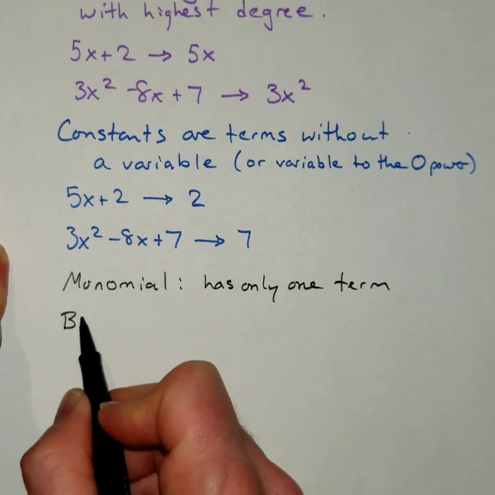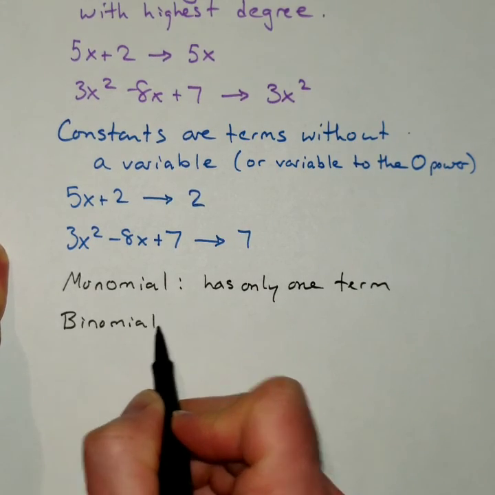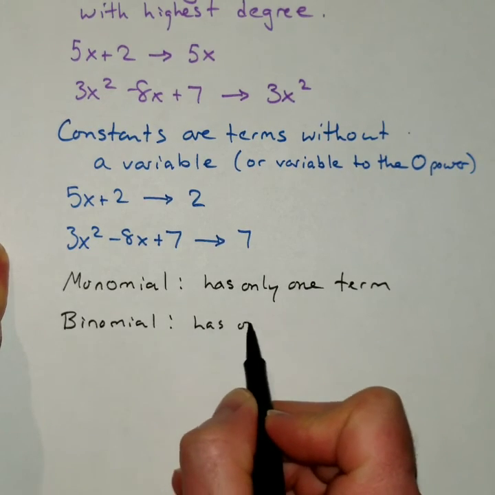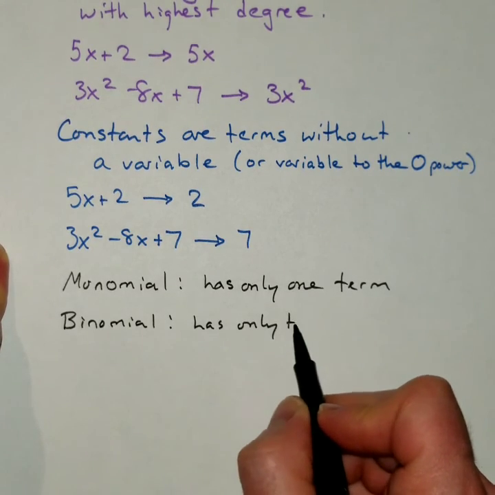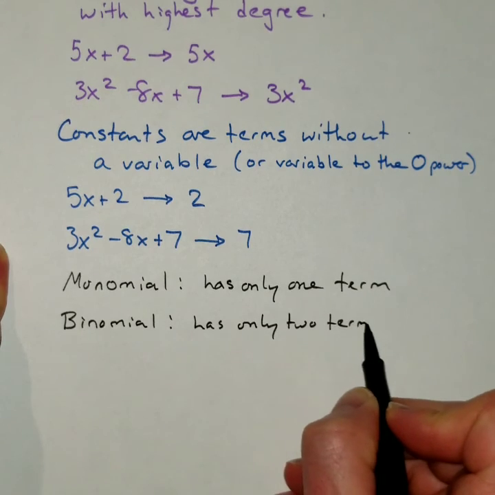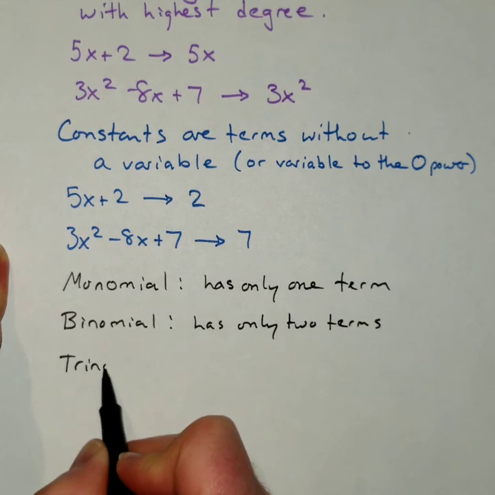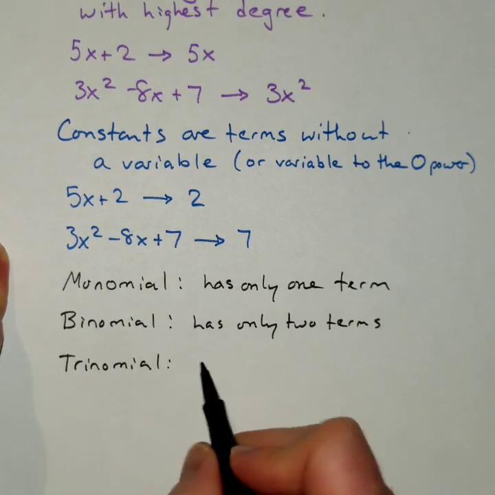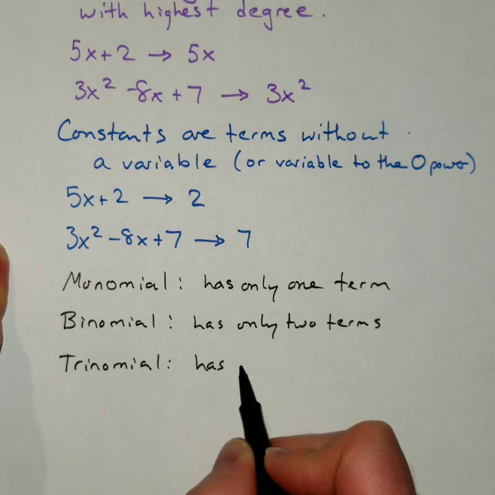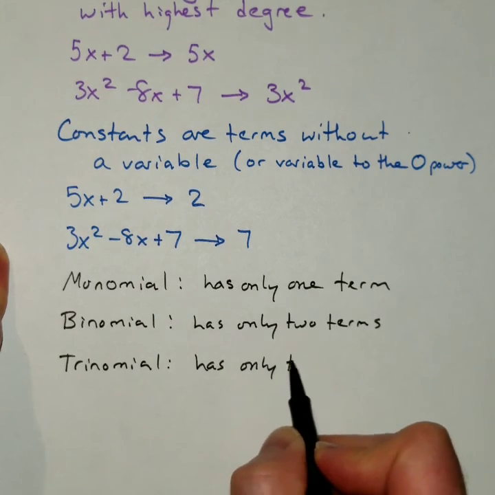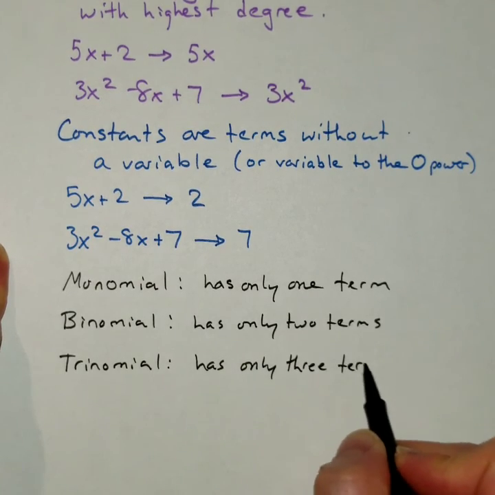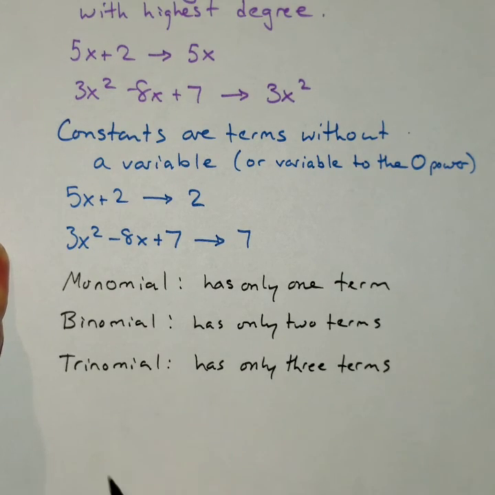A binomial has only 2 terms. And finally, a trinomial has only 3 terms. Okay. After that, we don't have any special names. There's no special name for a polynomial with 4 terms or more.